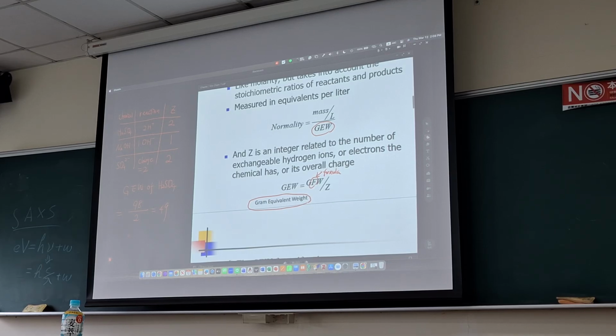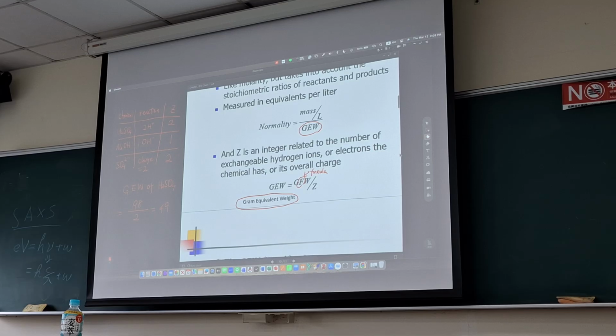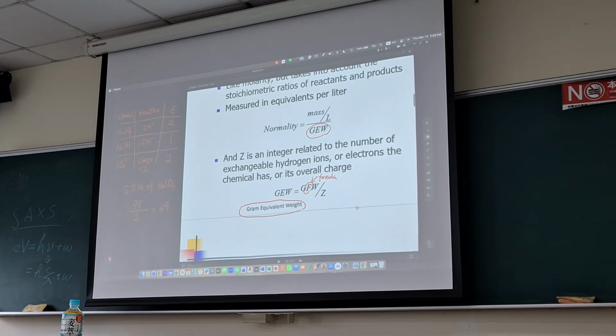If I ask what is the GEW of sulfuric acid, it is 98 over 2, equal to 49. So 98 is the GFW, the gram formula weight.